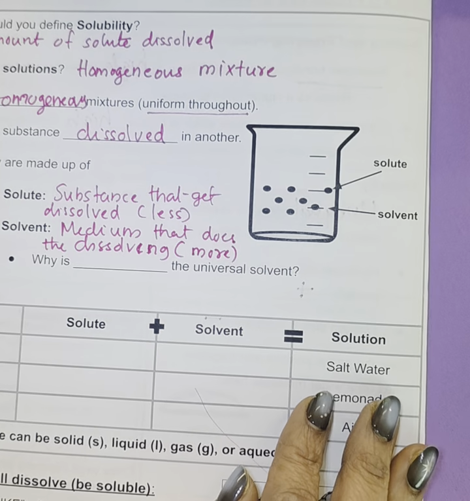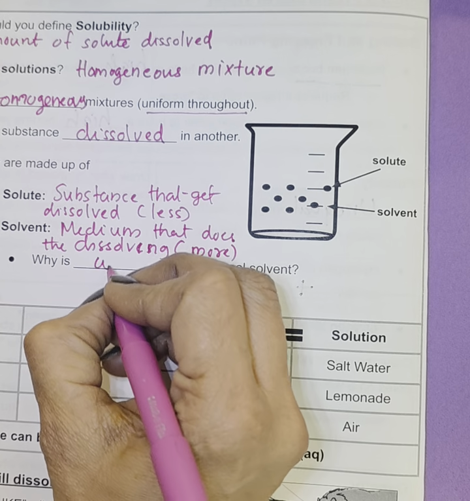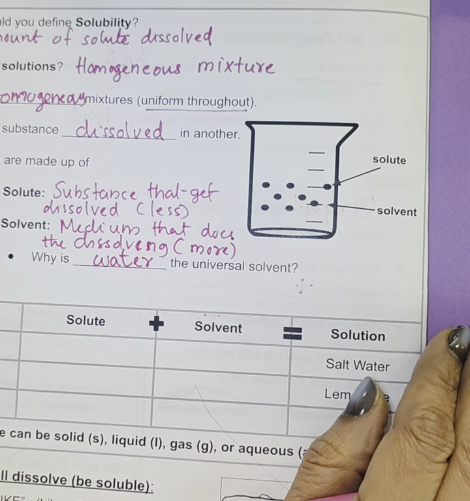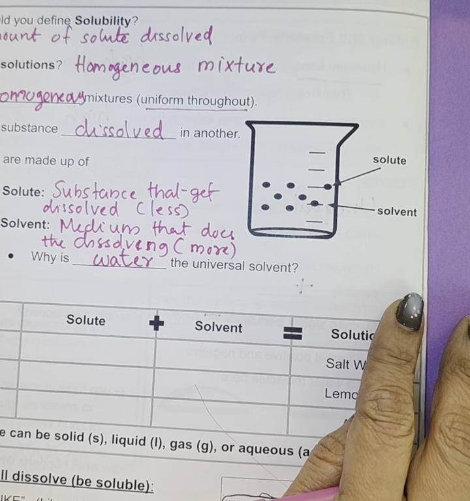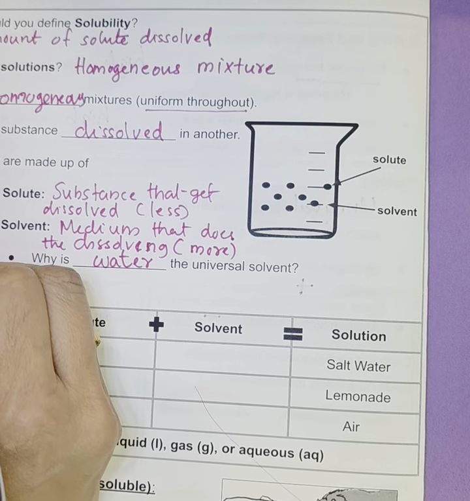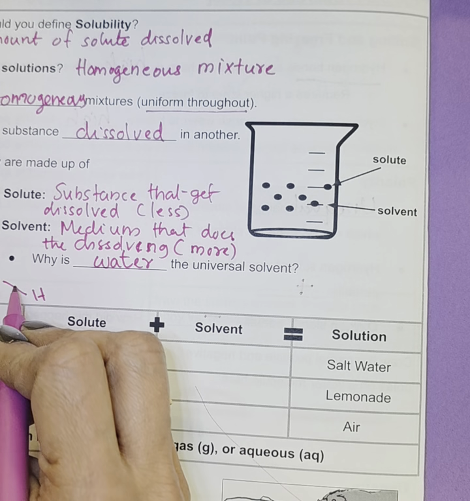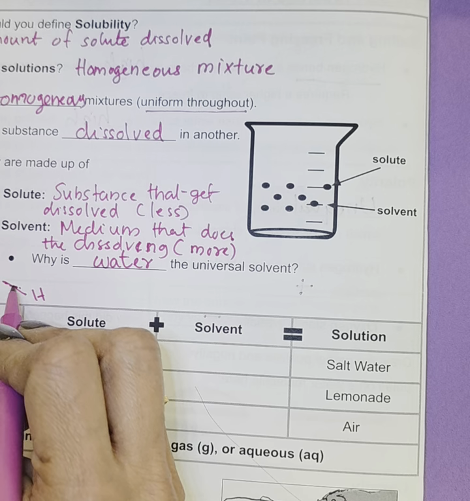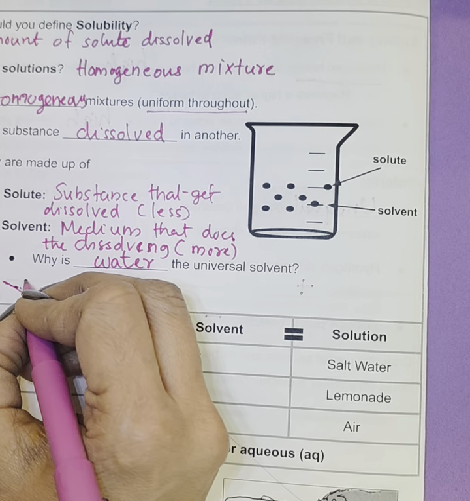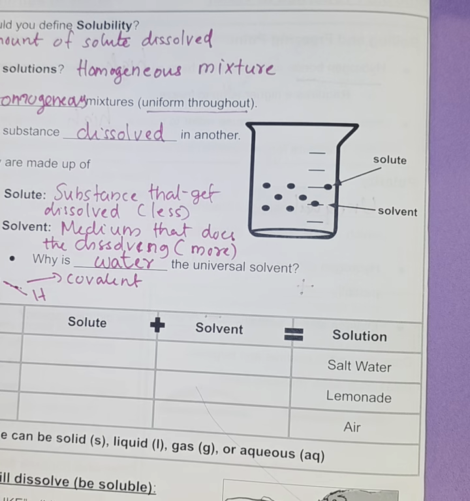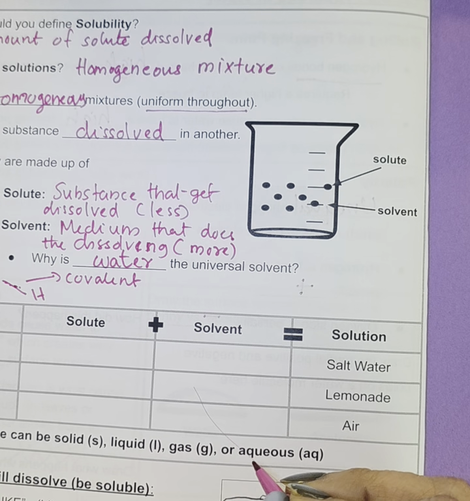Why is water considered a universal solvent? Polarity. Yes. So what type of bond is in water? Covalent. So water can dissolve covalent compounds, like sugar is soluble in water, okay?